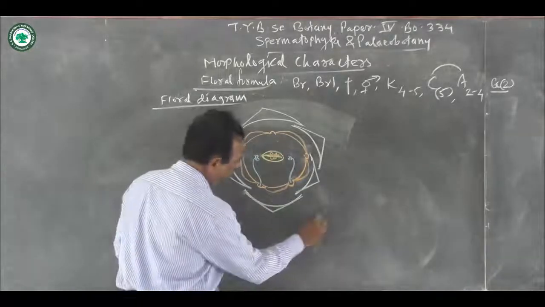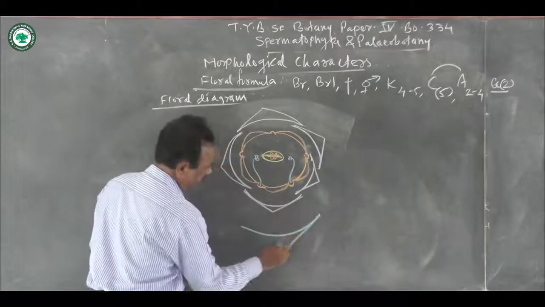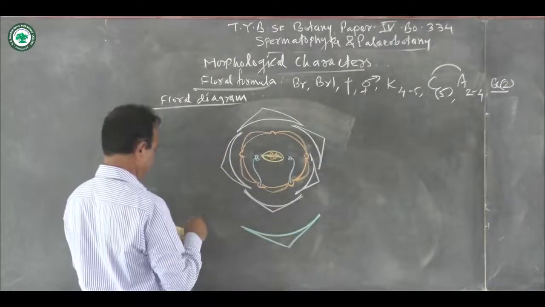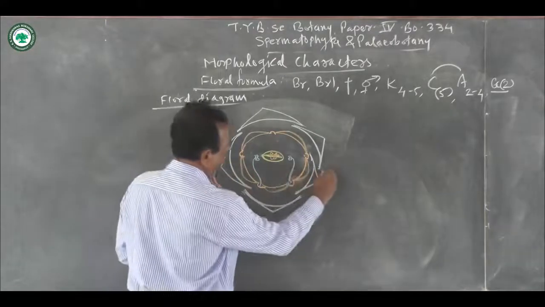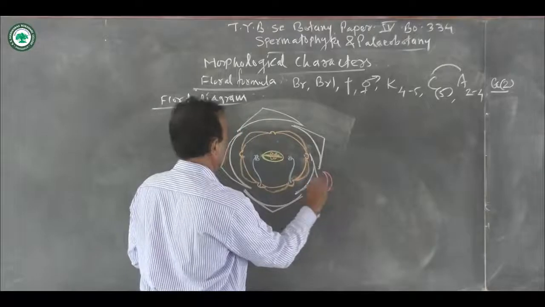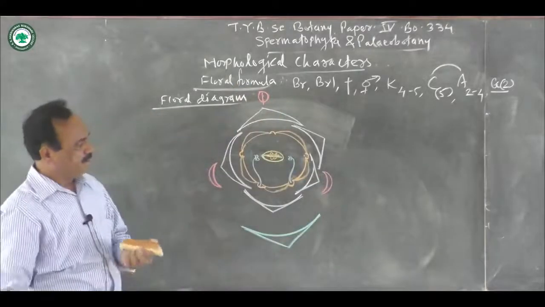There is the presence of the bract, and there are 2 bracteoles. So these are the 2 bracteoles present inner side to the bract. So the flower is zygomorphic.